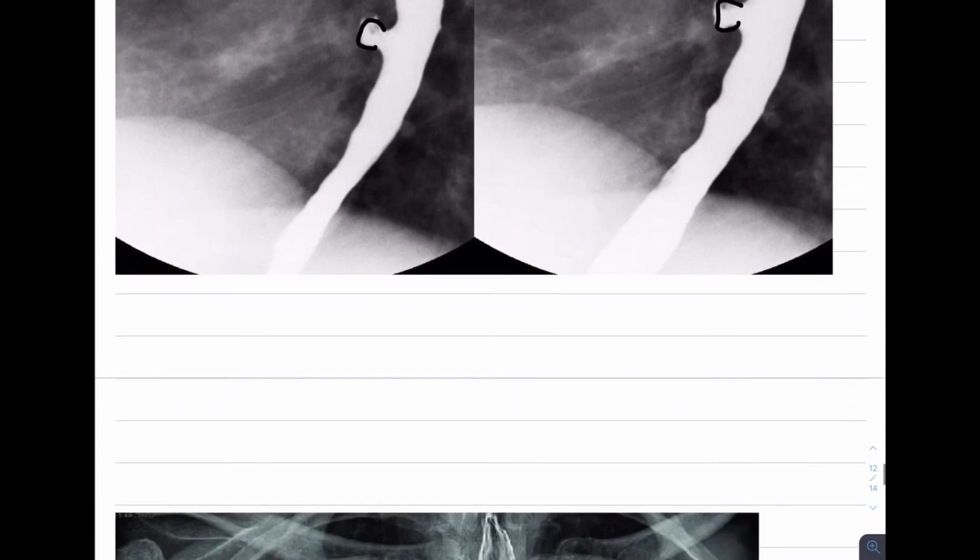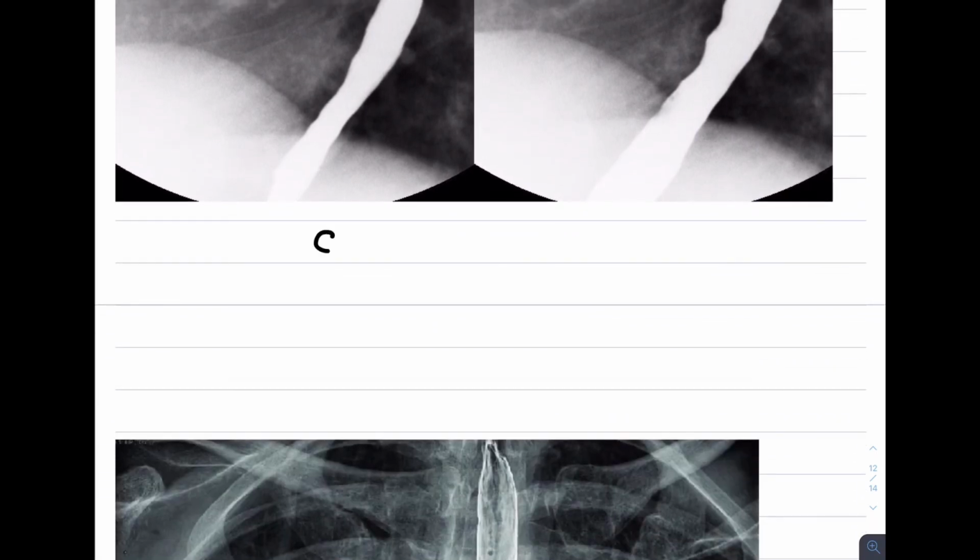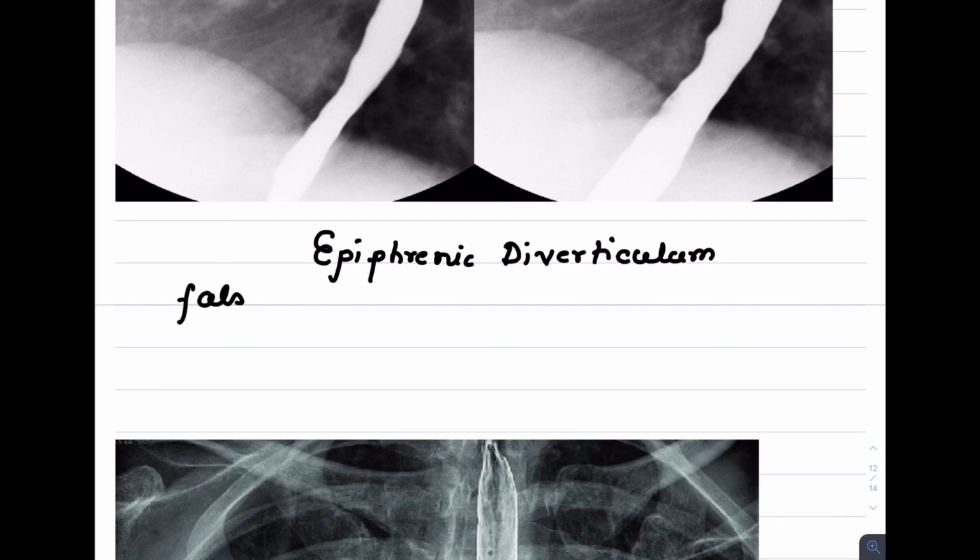Let's move quickly to our next topic, which is epiphrenic, above the diaphragm. As the name suggests, it is epiphrenic, or above the diaphragm, diverticulum. They are usually false and usually pulsion type. They are false because they contain only mucosa and submucosa.